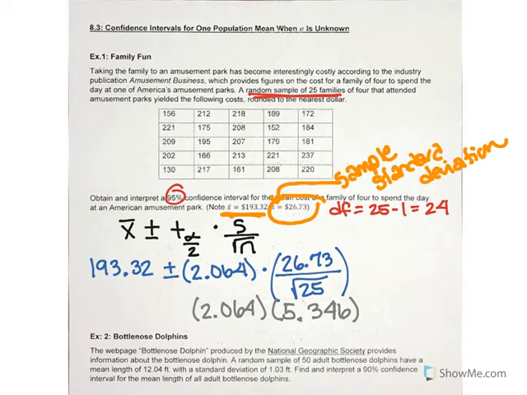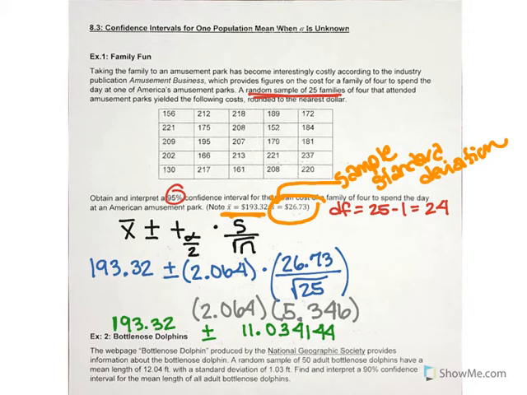And that would give us a margin of error of 11.034144 that we're going to add and subtract from 193.32.